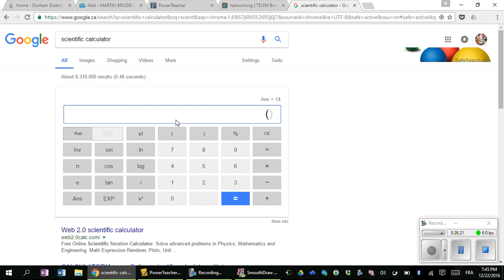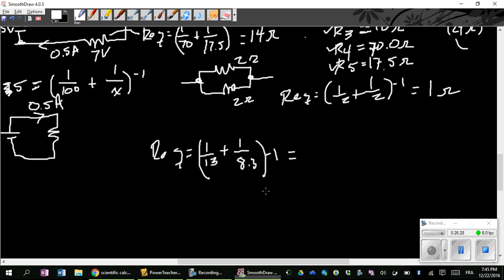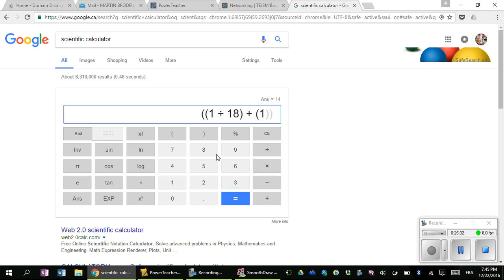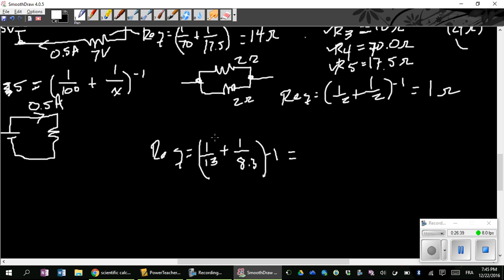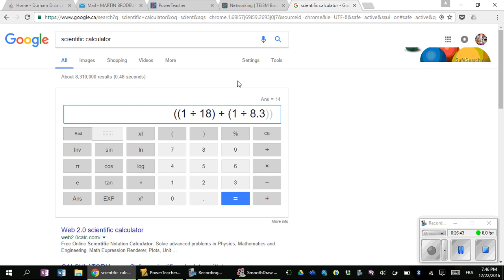Okay, so bracket, 1 over 13, bracket, plus 1 divided by 8.3, bracket, exponent, bracket, -1, bracket. Okay, perfect. So their numbers work.